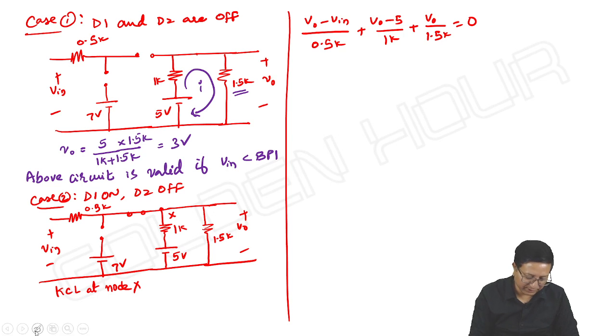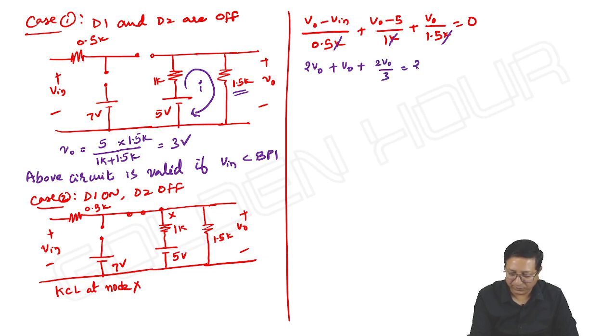Further, I can cancel this K. It is 2 V output plus V output plus 2 V output by 3 is equal to 2 V input plus 5. I hope you understand it straight away. So it is 11 V output by 3 is equal to 2 V input plus 5.